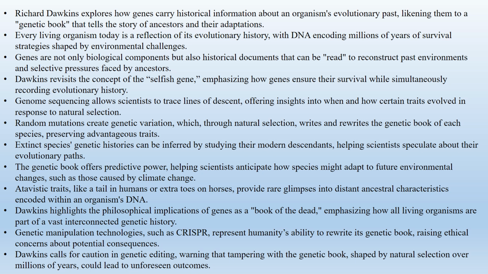For example, the appearance of extra toes on a horse or the occurrence of a tail in a human are examples of atavistic traits that recall earlier evolutionary stages. Dawkins argues that such occurrences are like pages from the genetic book, being briefly reread, offering glimpses into the distant past.